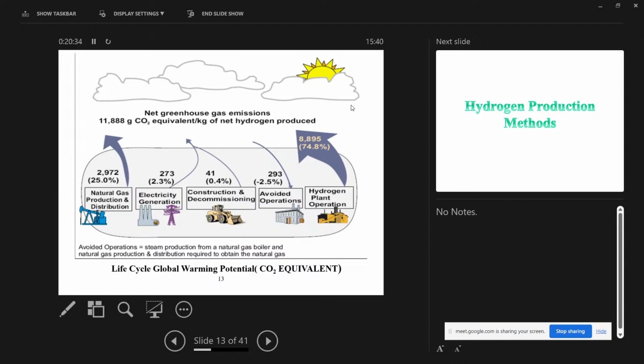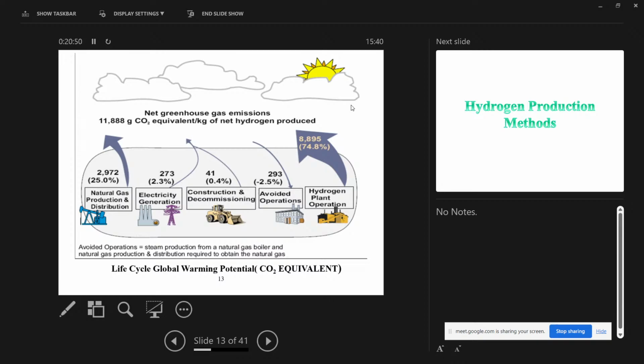This slide is very important to understand how much COx is emitted from the various resources when hydrogen is produced. This will give you an idea.